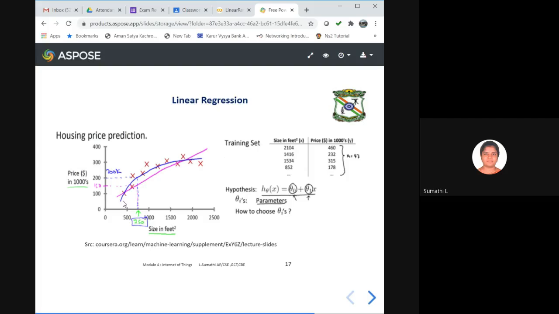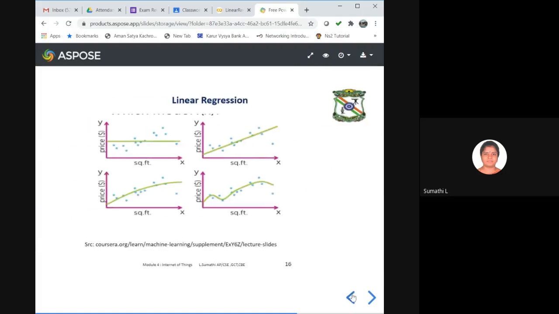Suppose my algorithm devises such a line, the blue line, then I will think my price as 200, right? So only for this kind of prediction, I need to draw a line. My efficiency depends on how successfully I draw this line so that my predicted value is near to the actual value, right? How near my predicted value is to the actual value, we will see in detail.